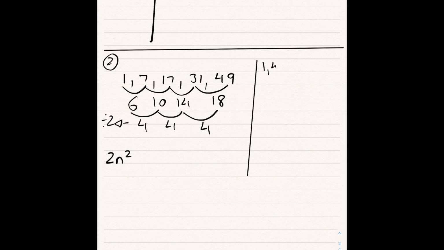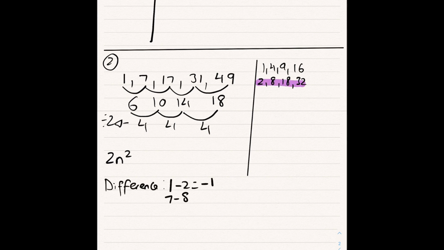We have the square numbers 1, 4, 9, and 16. However, because it's 2n squared, we times the squares by 2. So instead of 1, 4, 9, 16, we have 2, 8, 18, and 32. These are the numbers that we take away.